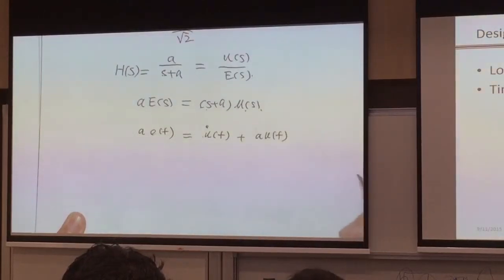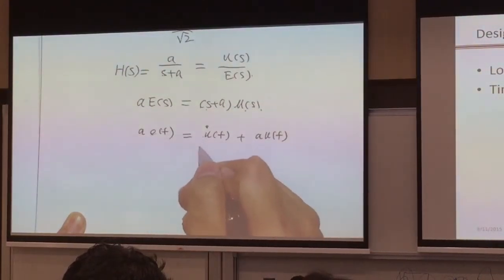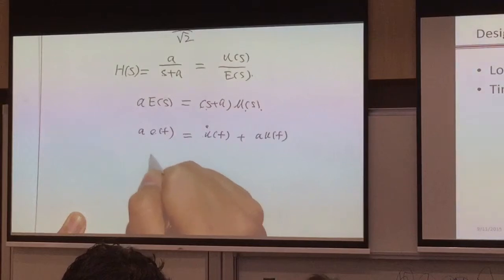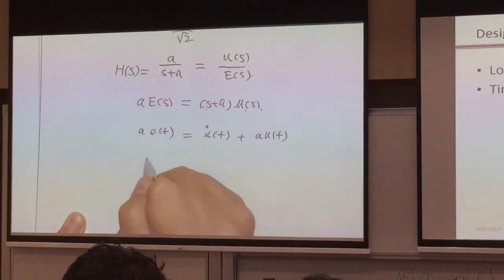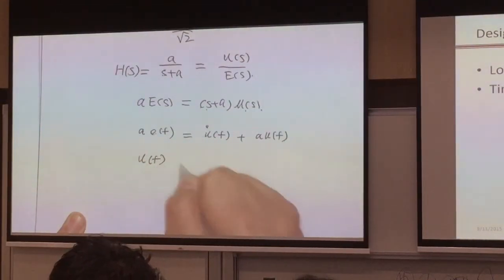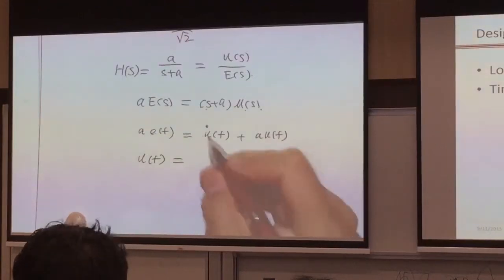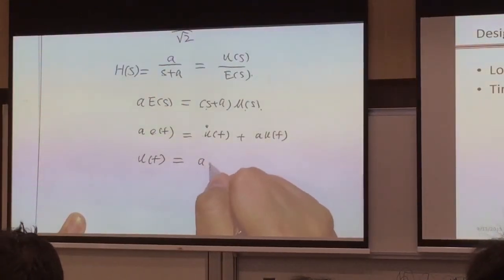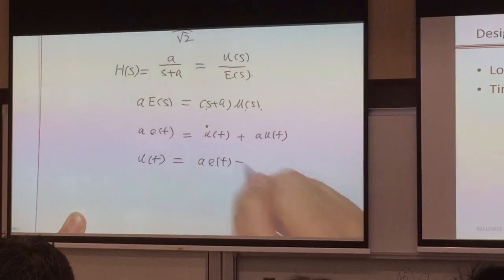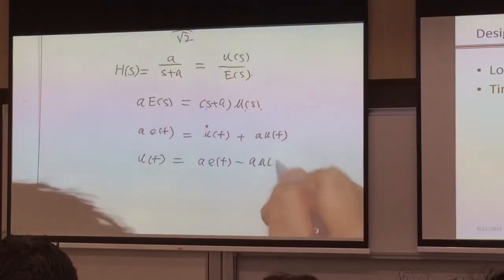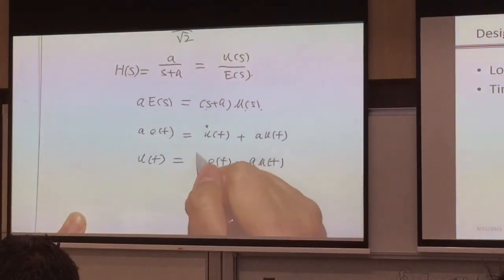So if this one gets your integration, what you want is a function about u(t). Then u(t) is your A e(t) minus A u(t). This is differentiation, so what do you need to do?